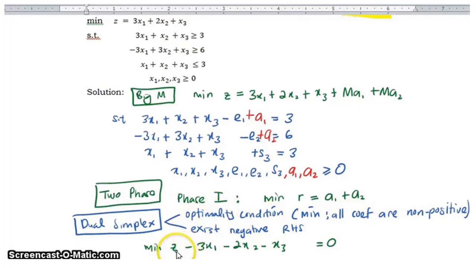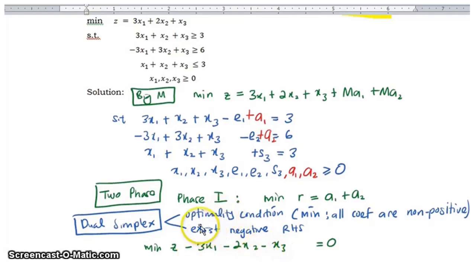Check the optimality condition in this objective function. Since the problem is to minimize z, we can see that the coefficients of x1, x2, and x3, all of them are non-positive.